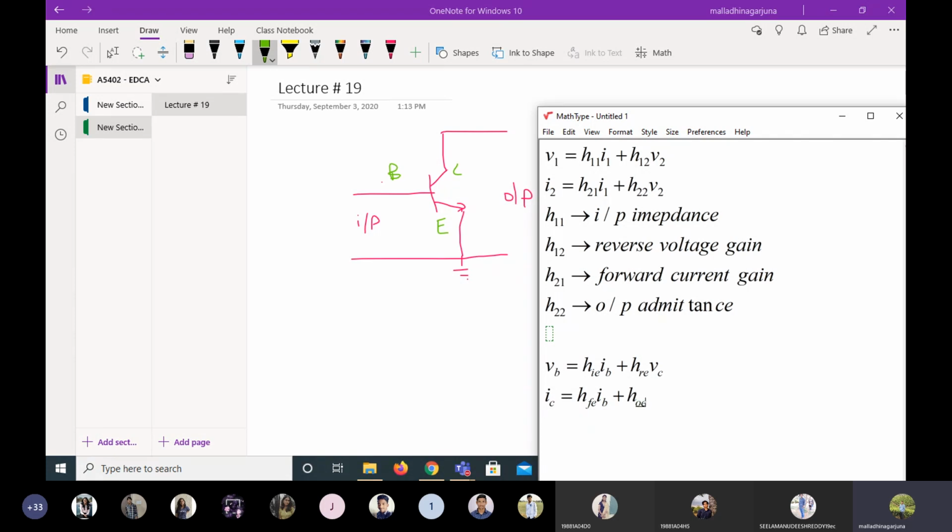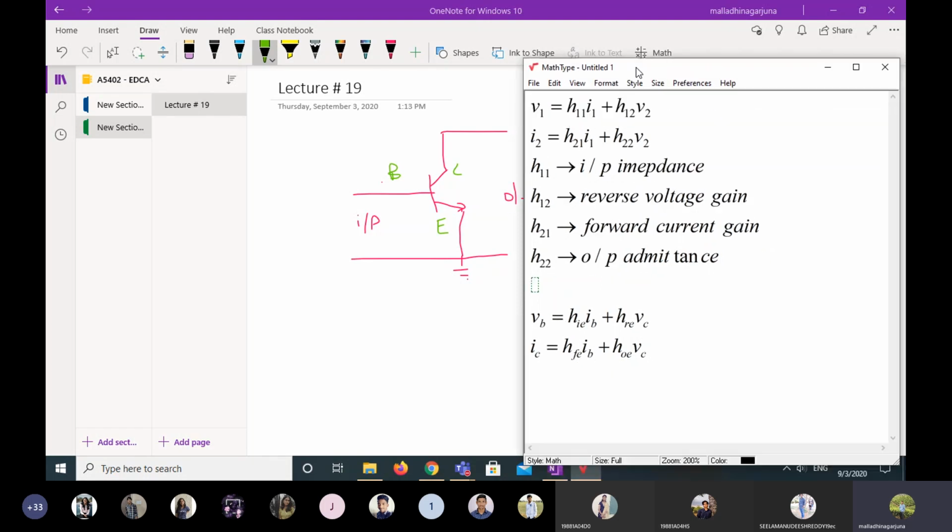H22 is output admittance; first letter is O. So these are the equations of the common emitter configuration, the H parameter equations of the common emitter amplifier.